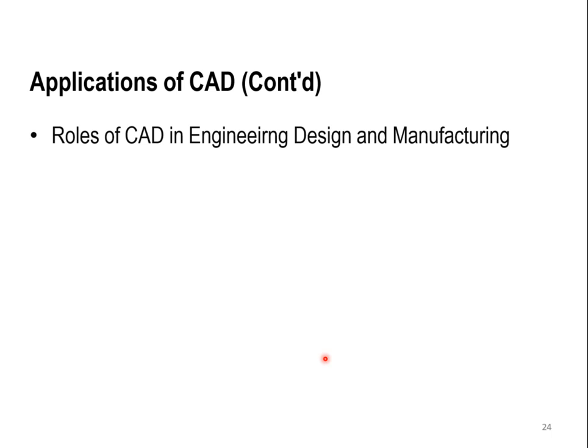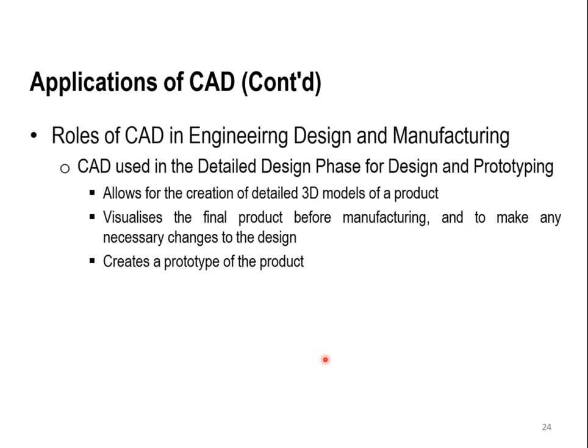Now, continuing with that, the roles of CAD in engineering design and manufacturing are: first, CAD is used in the detailed design phase for design and prototyping. This allows for the creation of detailed 3D models of the products. It's going to visualize the final products before manufacturing and make any necessary changes to the design.